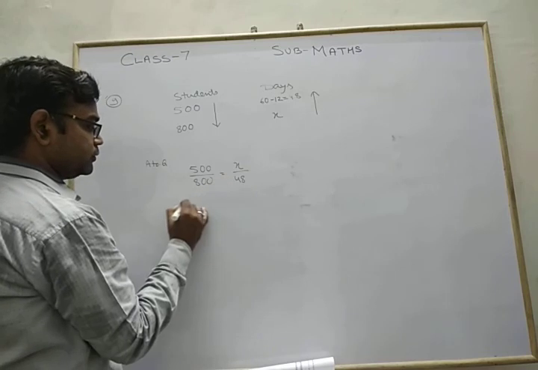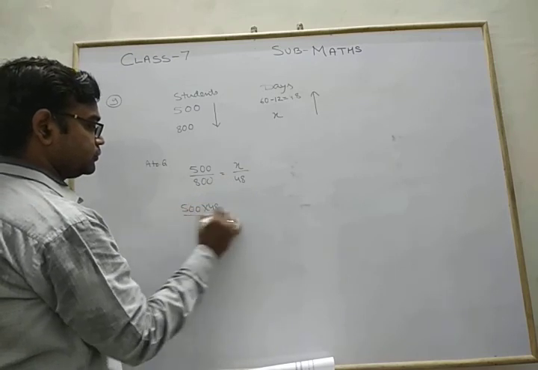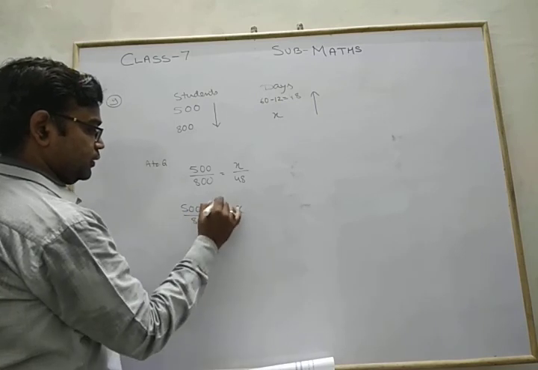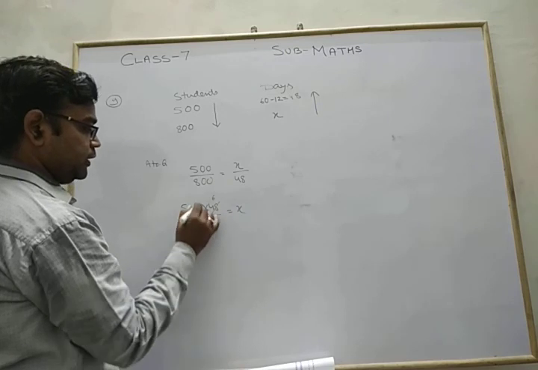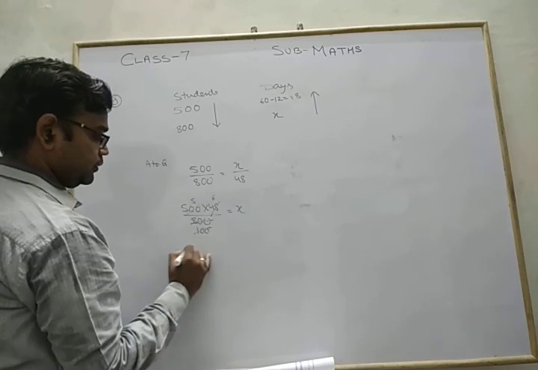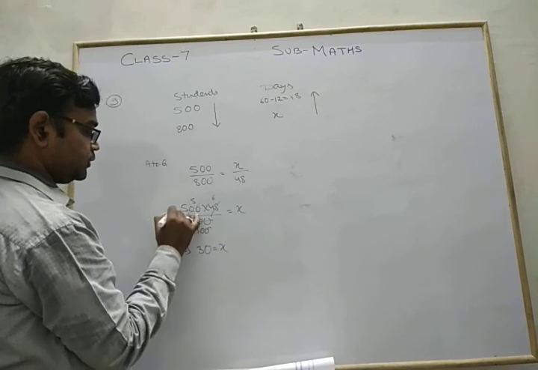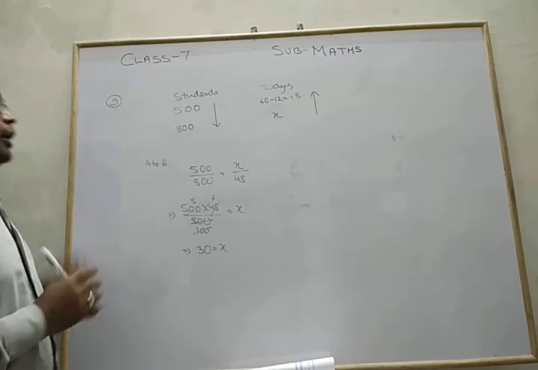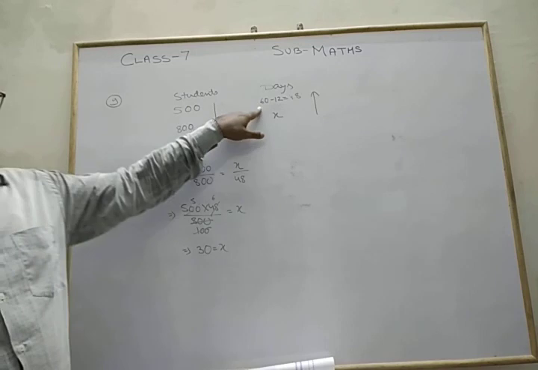Can you solve it? 8 sixes are 48, 8 fives are 40, it's 30. x is 30. Now the ration lasts for this many days, that is 30. Once again, I am explaining the concept. The question says that for 500 students, the ration is for 60 days.